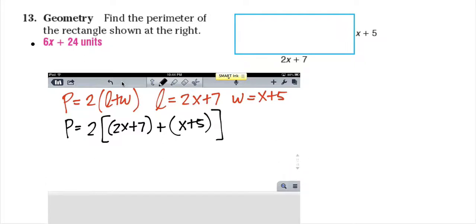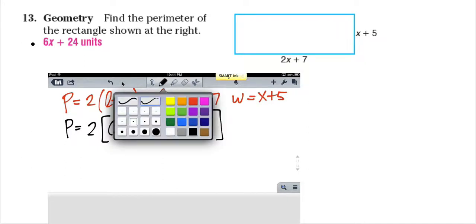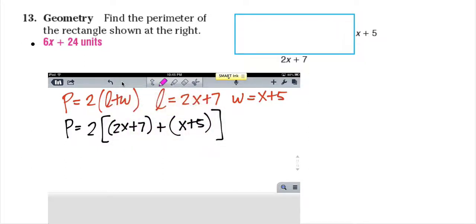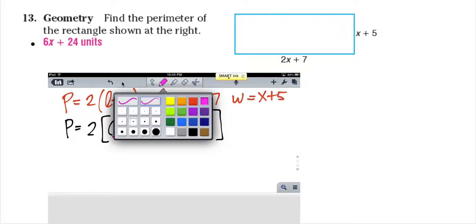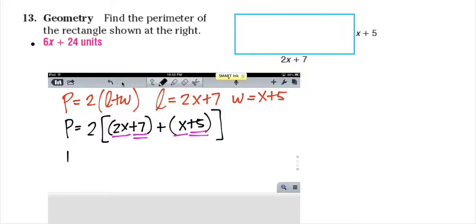Now look at the 2x plus 7 and x plus 5. We have like terms: 2x and x are like terms, 7 and 5 are like terms. But before we add them, let's take out the parentheses. So p equals 2 times 2x plus 7 plus x plus 5.